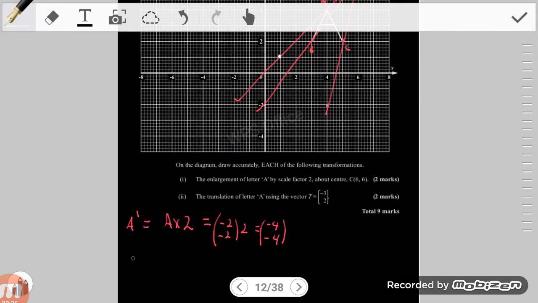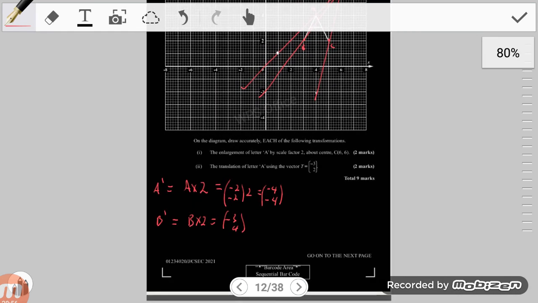So once again, B prime is going to be equal to the position of B times 2 again, which the position of B is, as I said, -3, -4, and that's going to be multiplied by 2, so that's going to be -6, -8.